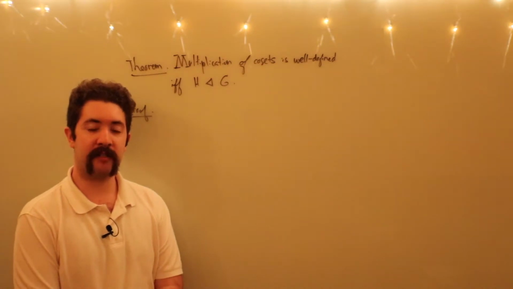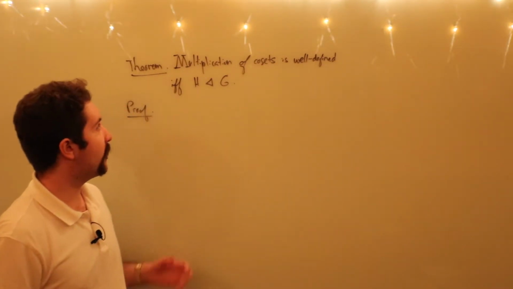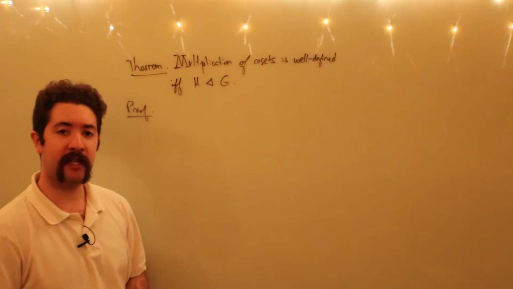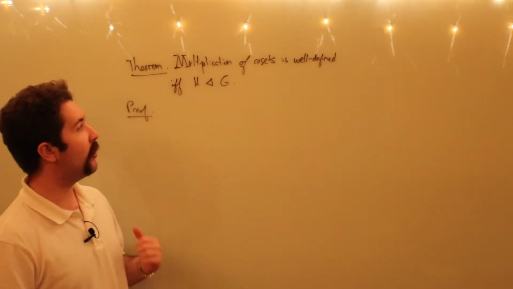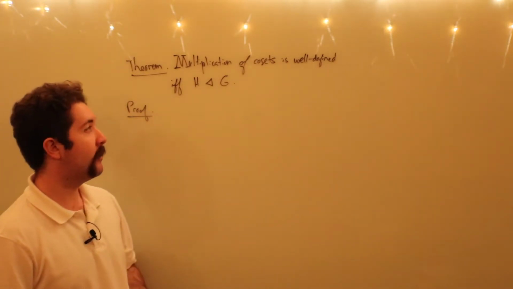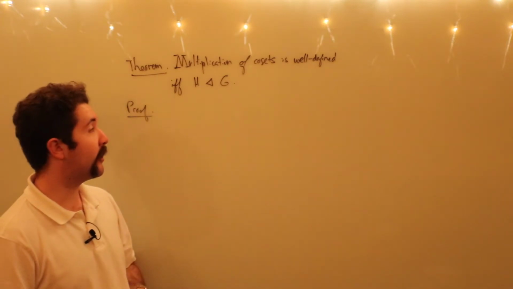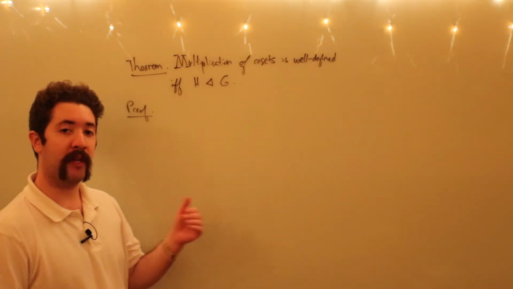Well, the answer is conditionally yes. So our next theorem is that multiplication of cosets in the way I just showed you is well defined if and only if the subgroup that we're taking cosets of is normal in the group.